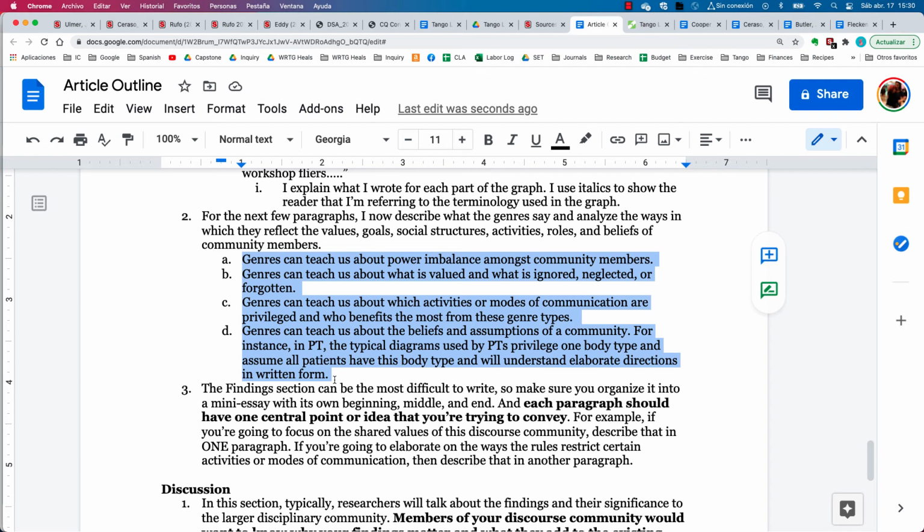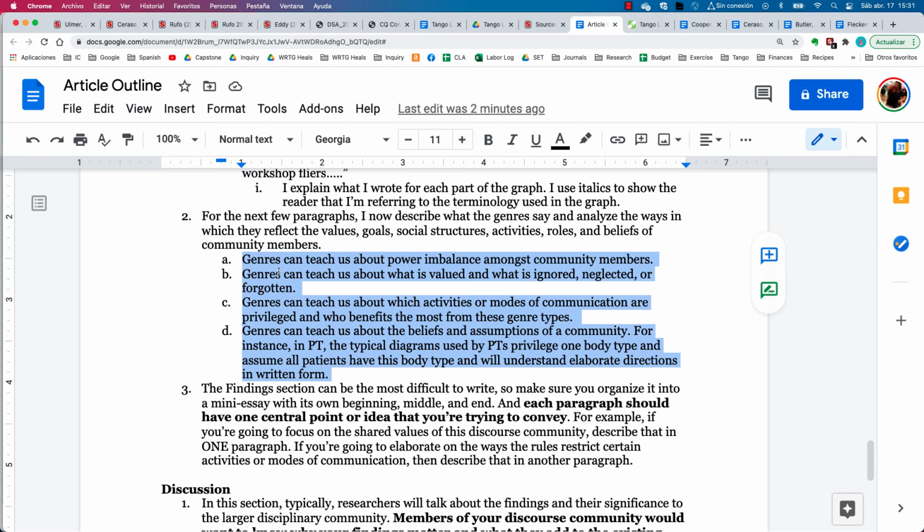For each of you, it may be focusing more on the values, maybe focusing more on the goals, or maybe it's more about those social interactions, or maybe the activities that take place, or about individual roles or power structures, right? So you'll need to decide what the genres can teach us and decide on a particular focus.